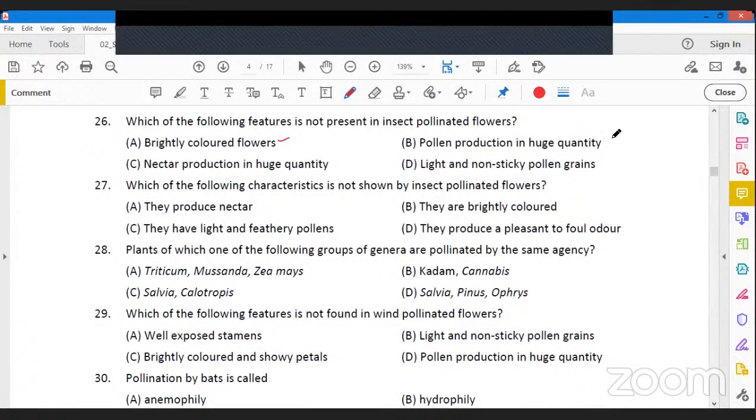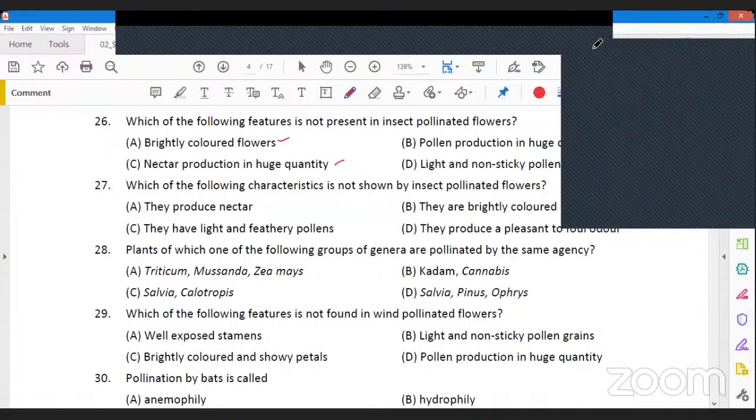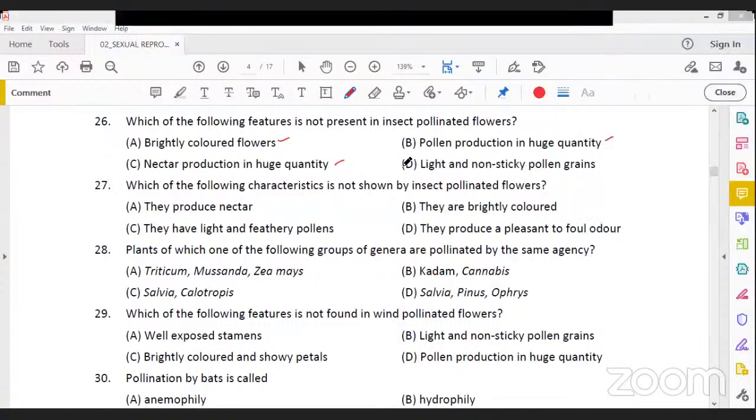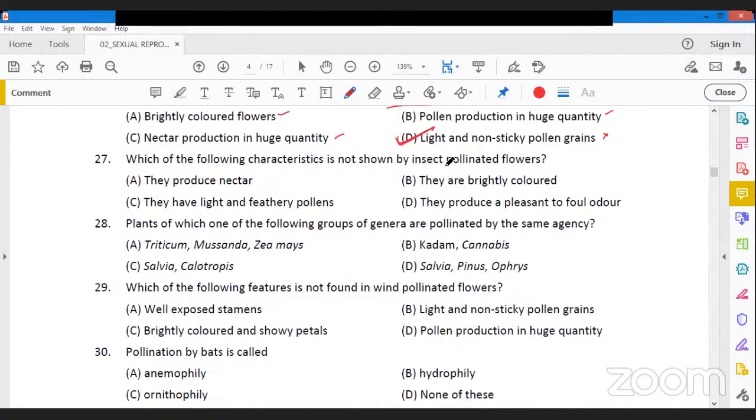Pollen production in huge quantity also should take place. Nectar production should also be more. So the correct answer is light and non-sticky pollen, found in anemophilic plants. Here they have asked about entomophily, so this is not present in entomophily, it is found in anemophily.